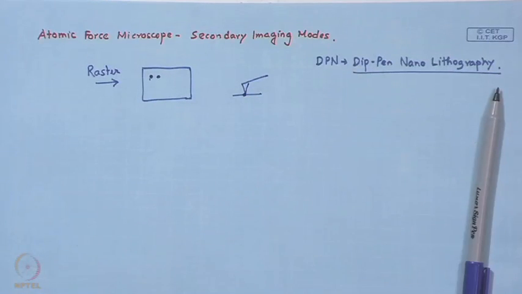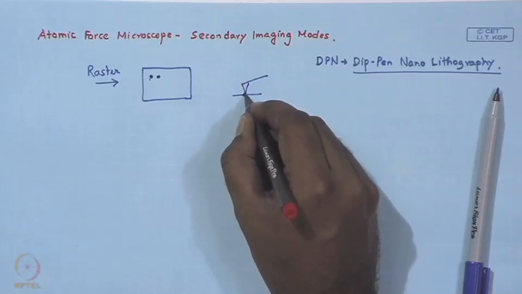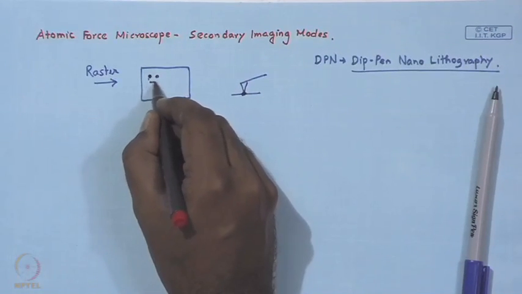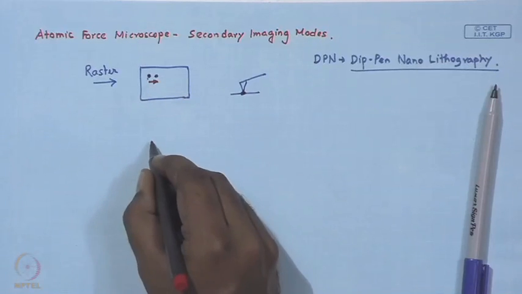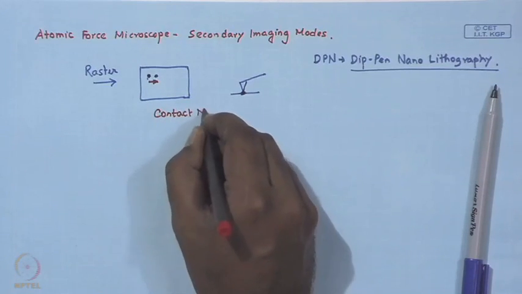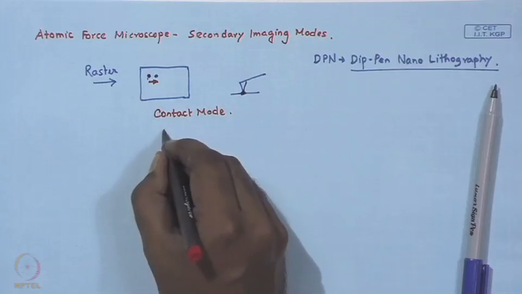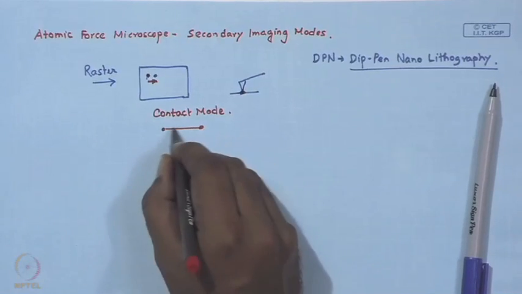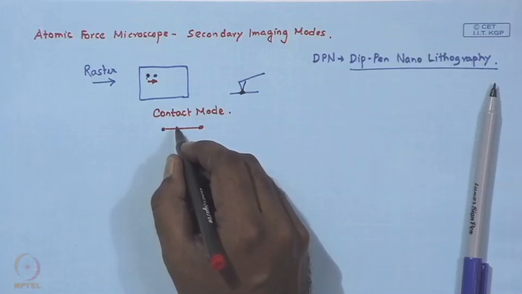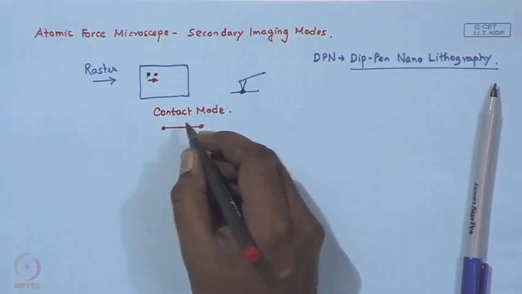Okay. Now, it has to drag from one point to the other along the surface. We have already talked about contact mode. So, as the tip drags along the surface, there is a dynamic friction between the tip and the surface.